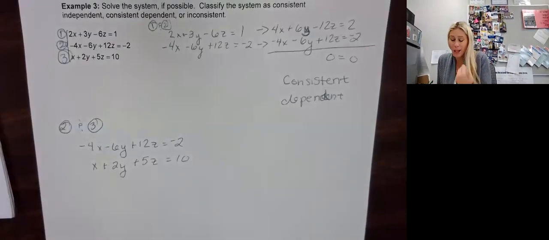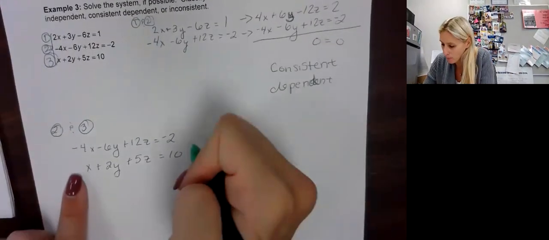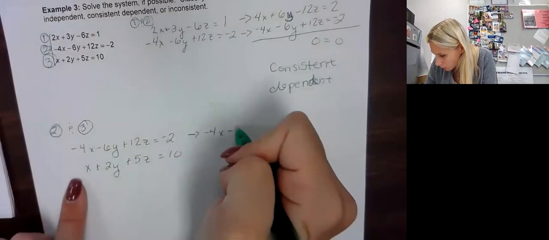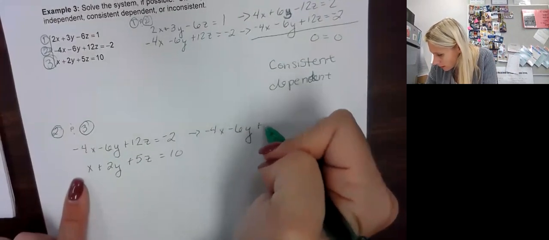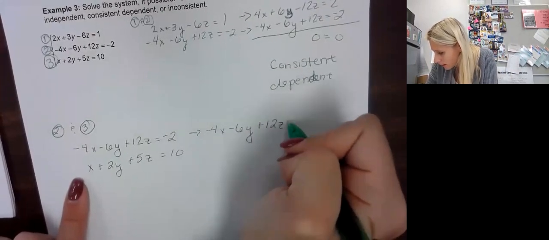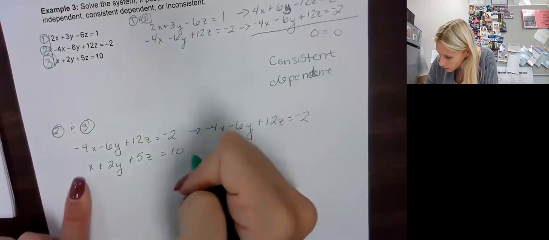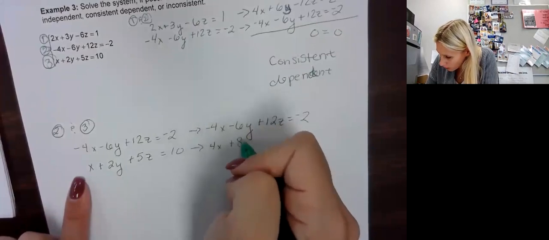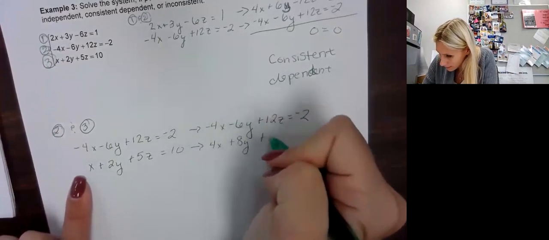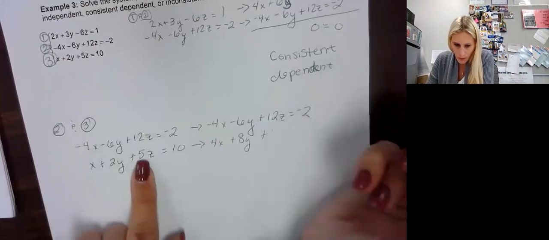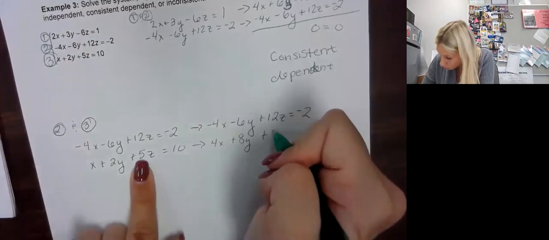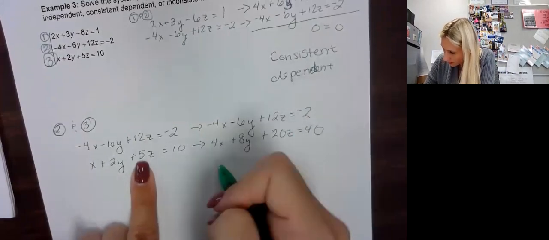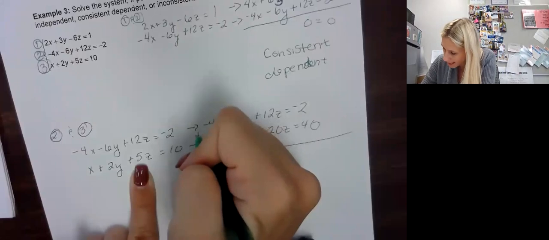So if I'm going to get rid of the x's, I keep my first one the same and multiply my second one by 4. So I'll get 4x plus 8y plus 20z equals 40. Okay, so if they're opposite, it means I add straight down.